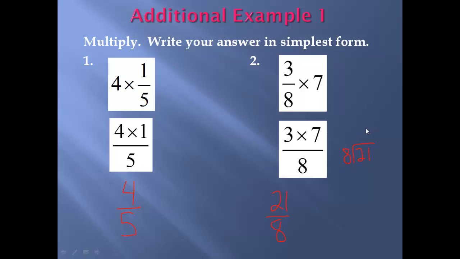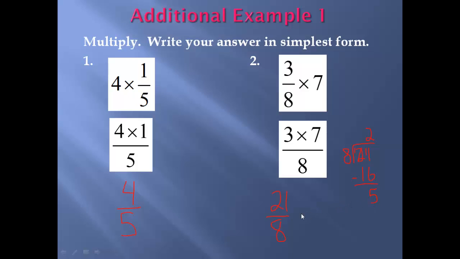8 goes into 21 2 times, and 2 times 8 is 16. Now we need to subtract. I cannot subtract 1 minus 6, so I need to borrow from the 2, and that becomes a 1, and then my 1 becomes an 11, and 11 minus 6 is 5.